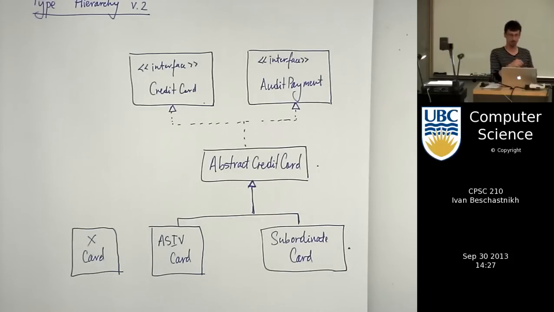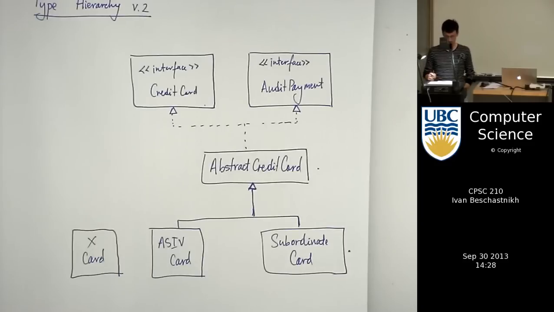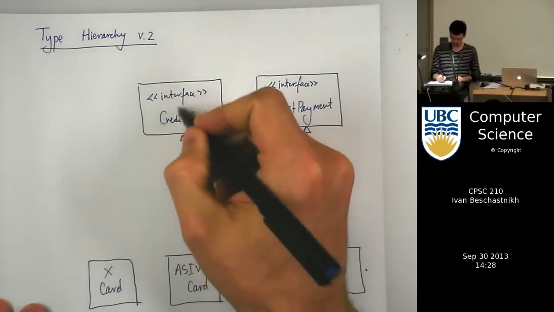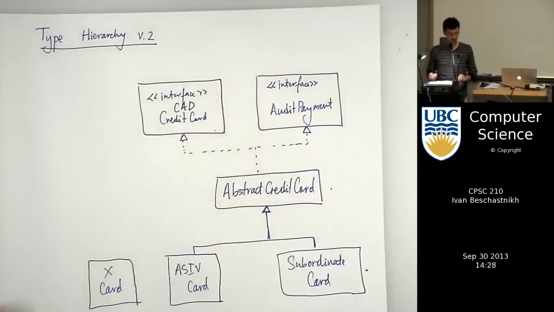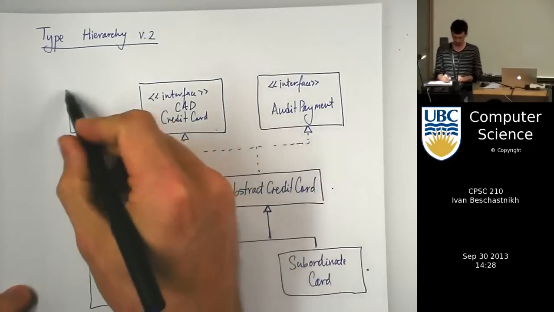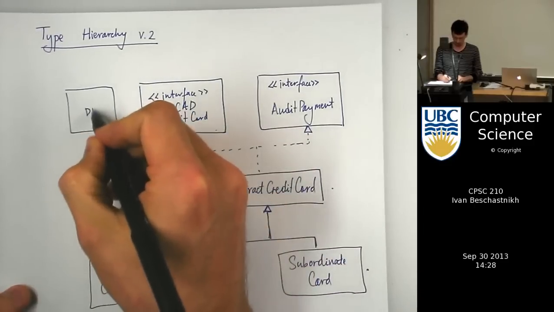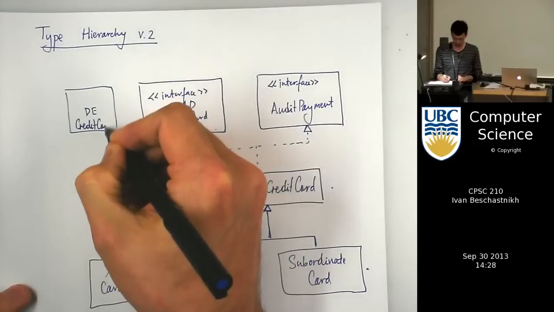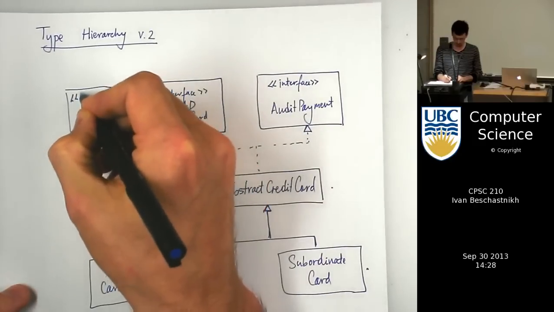So, going back to this type hierarchy, I could say, well, if you have a credit card, maybe what you want is a Canadian credit card. Maybe I should create a new type. Create a Germany credit card. I'll make this an interface.